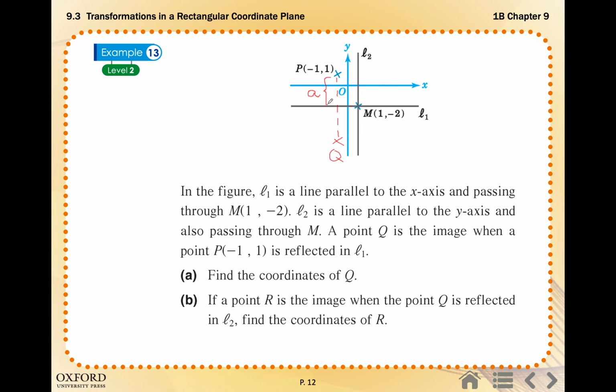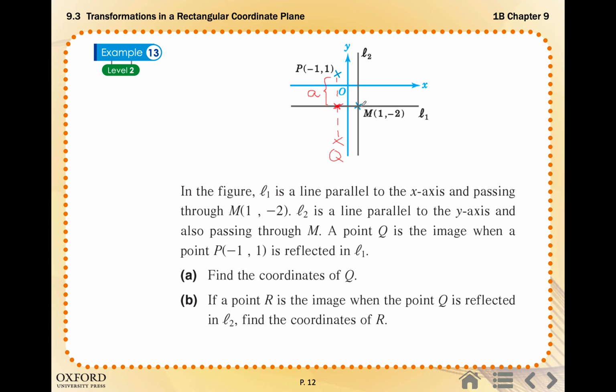Then we just need to consider the y coordinate of point P and this point. And for this point, actually you do not need to write down the coordinates of this point. Just look at this straight line, I mean the horizontal line L1. Every point lying on this horizontal line, the y coordinate should be -2, because you can see the point M here. Can you see that?